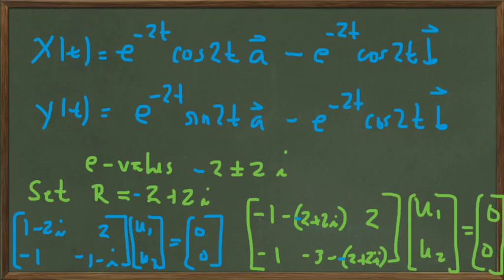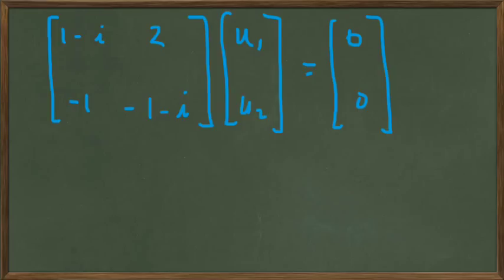So let's pick that up on the next blackboard. So as before, we get two equations. Remember, in the case when we had real eigenvalues, the two equations were just multiples of each other. They're not multiples of each other here.